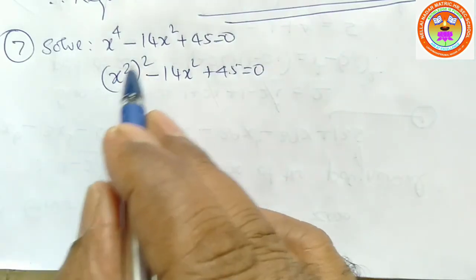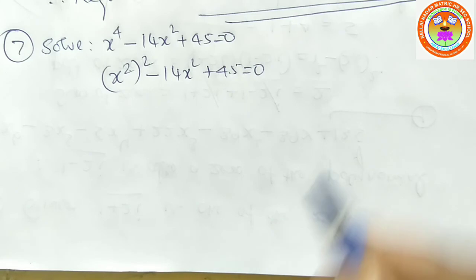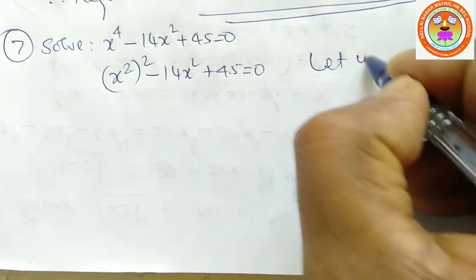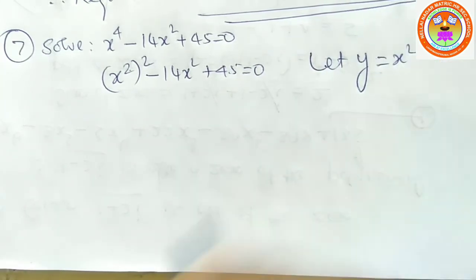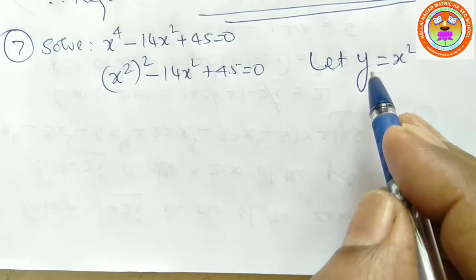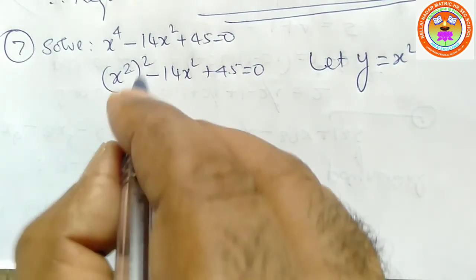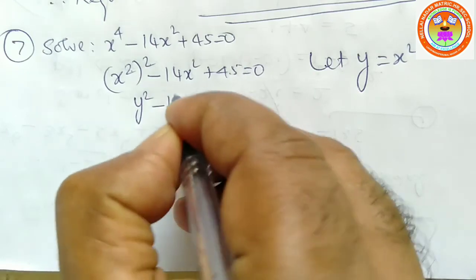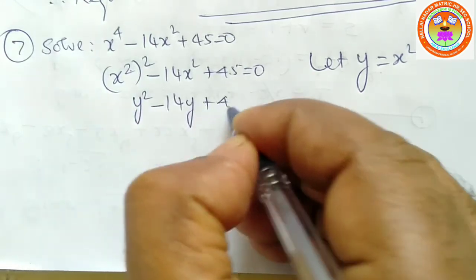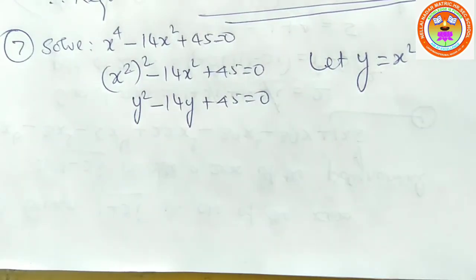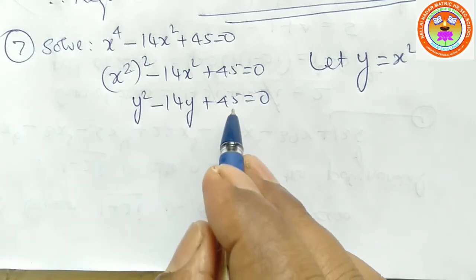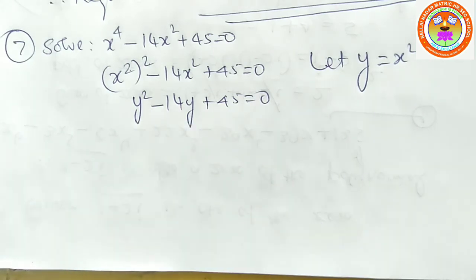x square the whole square gives x to the 4. If we take another variable y as x square, it will become y square minus 14y plus 45 is equal to 0. So we got one new quadratic equation in y.